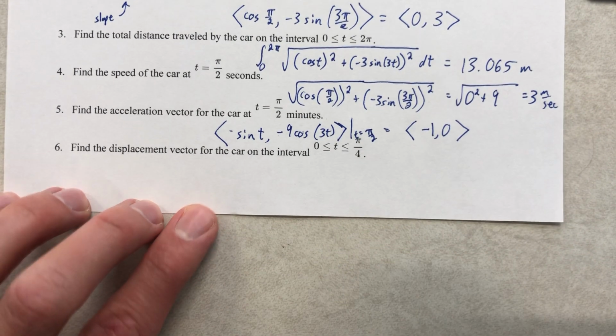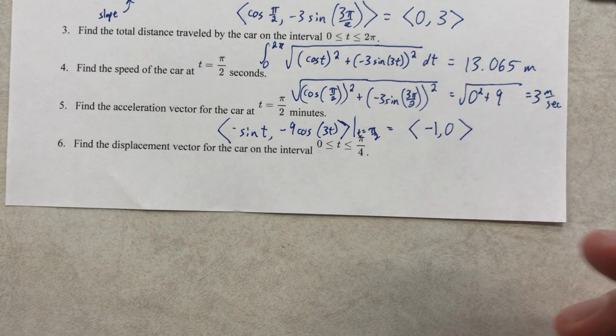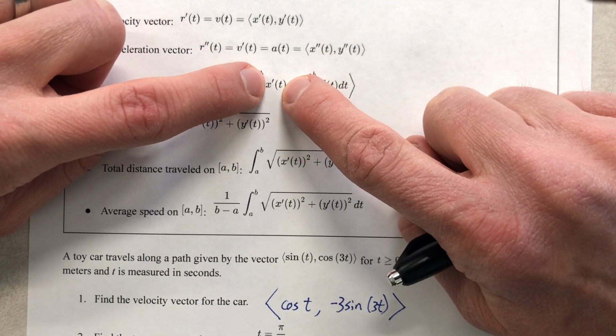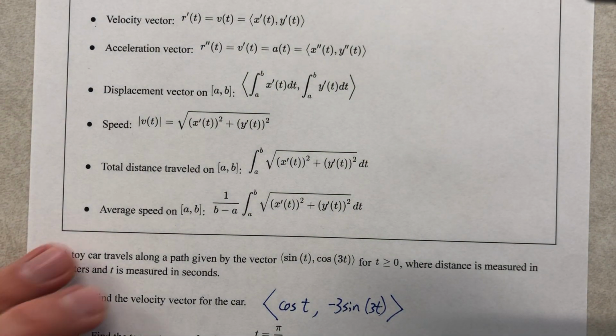And then, last one, displacement vector for the car on the interval from 0 to pi over 4. Displacement vector. Oh, there we go. So I need to use the derivative on an interval to figure out how far I traveled. Makes sense. So let's do it.